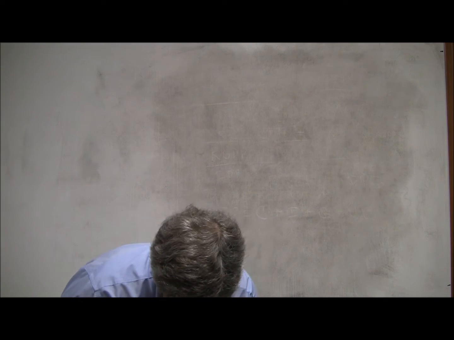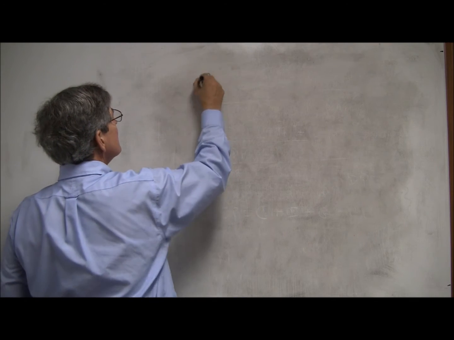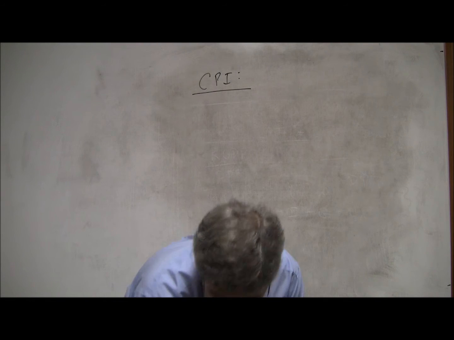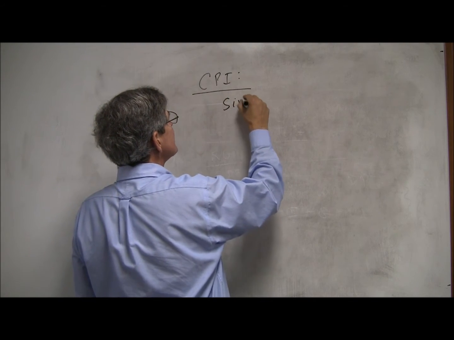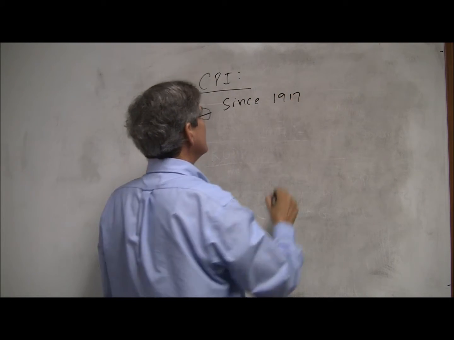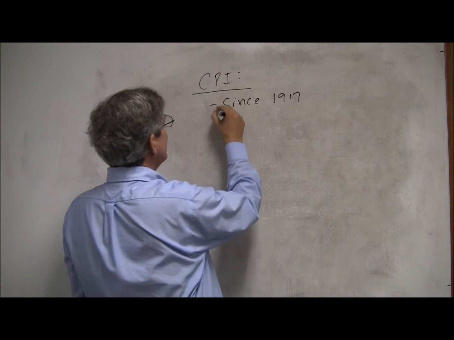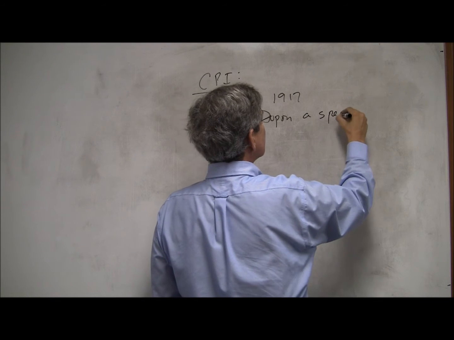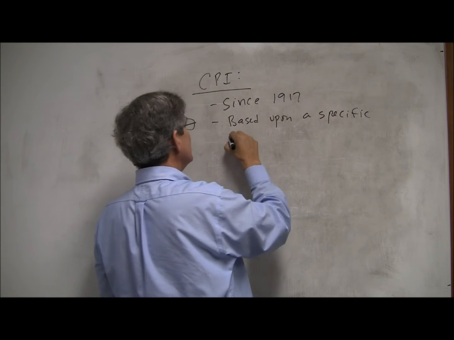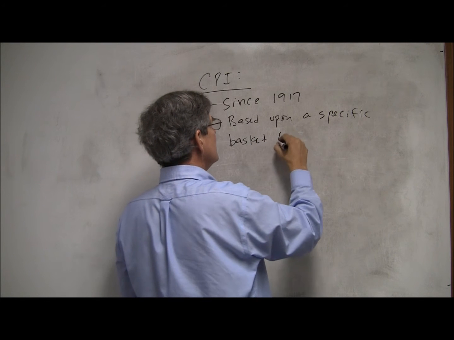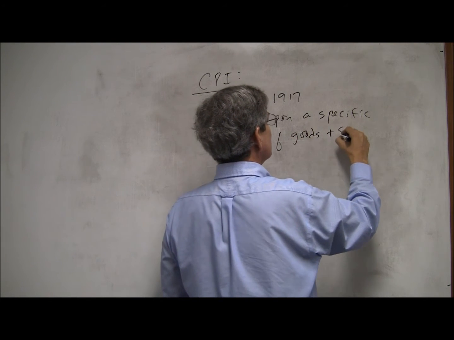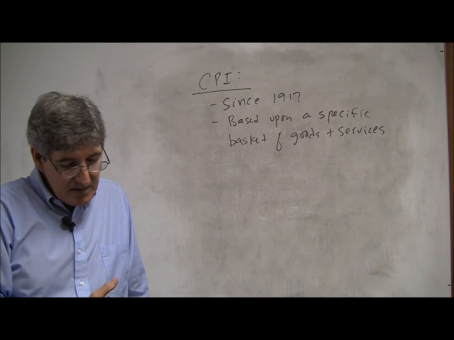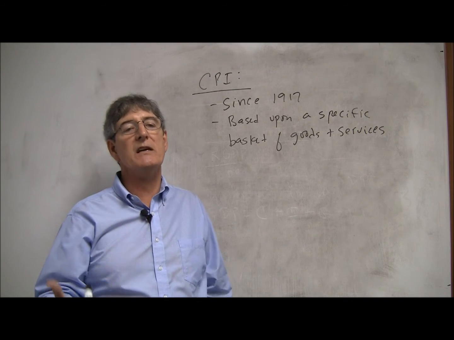So the CPI is constructed, it's existed since 1917. So it's really an old index. It's based upon a specific basket of goods and services. So they take a look at the data on what households consume, and they say, what's the average household in the economy consume?